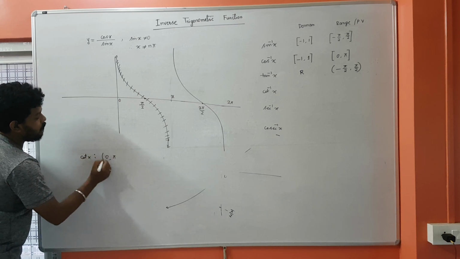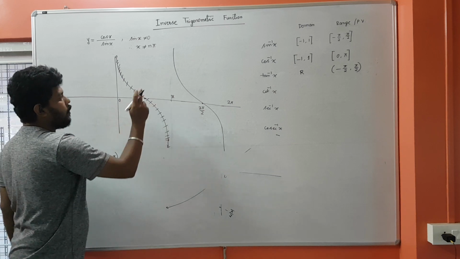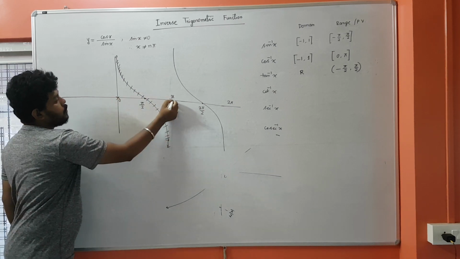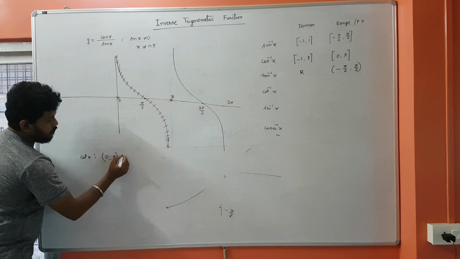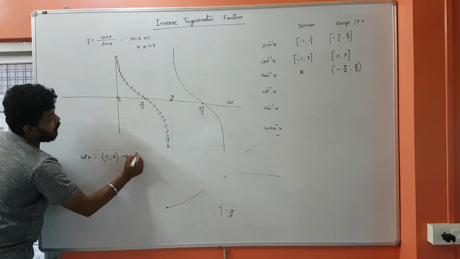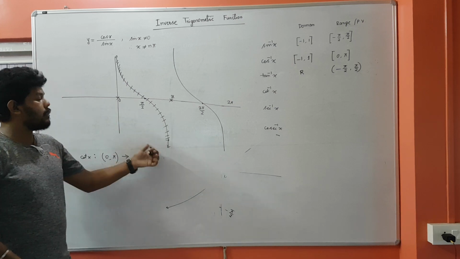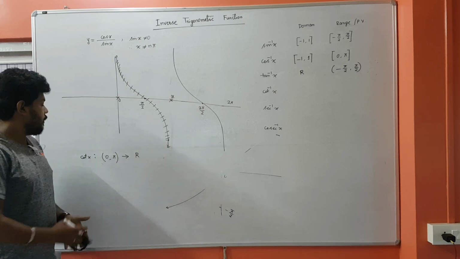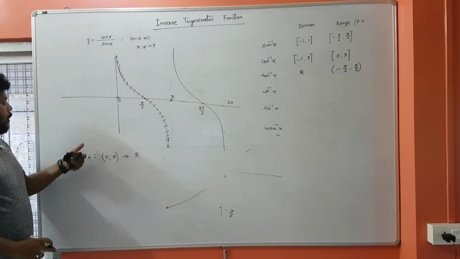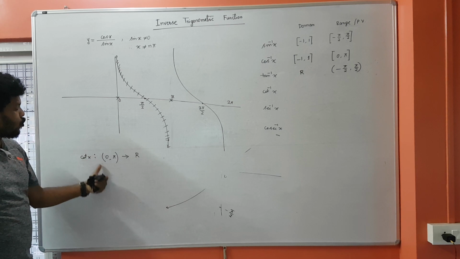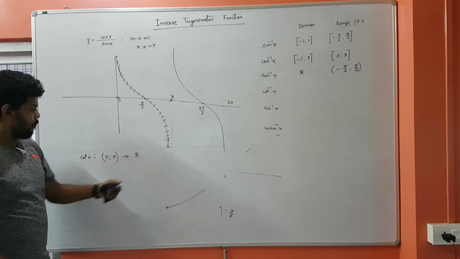Why open interval? At 0 and pi, cot x is undefined. Therefore, you have to exclude those points. The range of cot x is all real numbers, from minus infinity to plus infinity. Therefore, cot x is a 1-1 function in the domain 0 comma pi and range is real numbers.